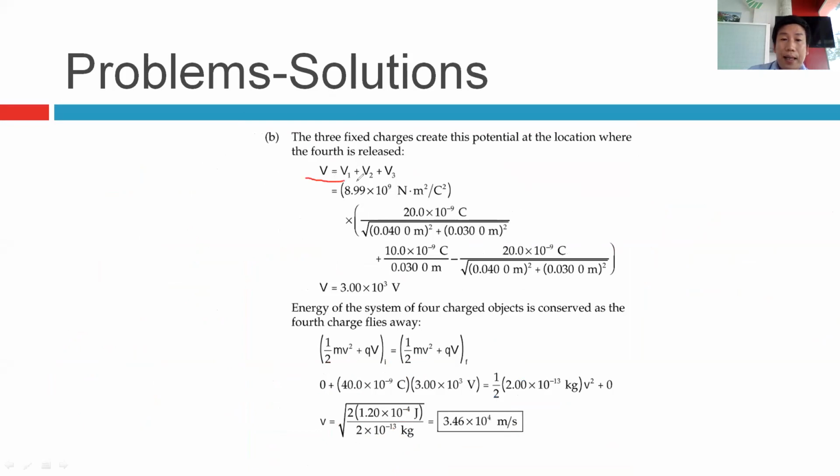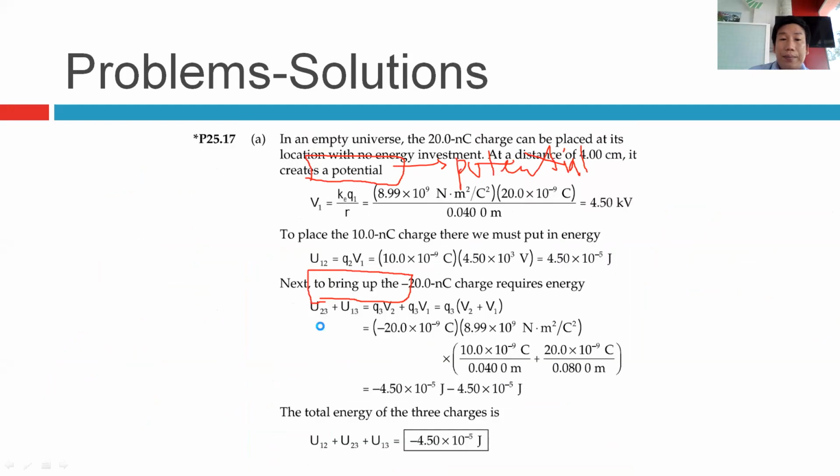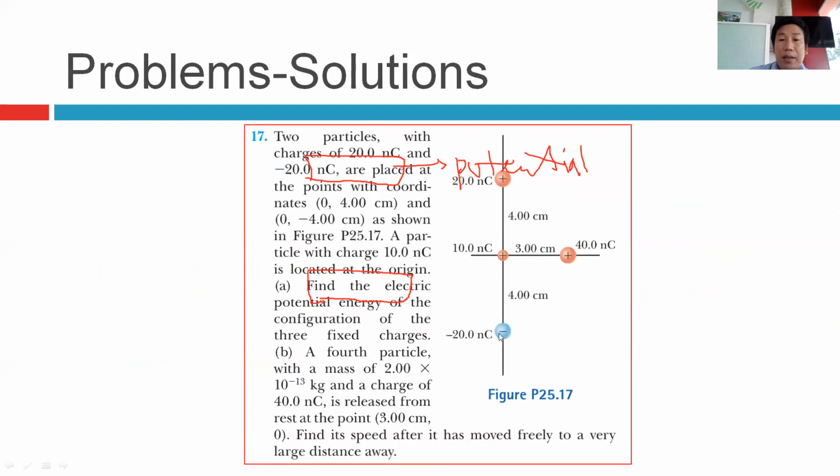First of all, V here is not velocity. This is the potential. This is not velocity, that's potential. This is the potential caused by charges number 1, 2, 3 on charge number 4.